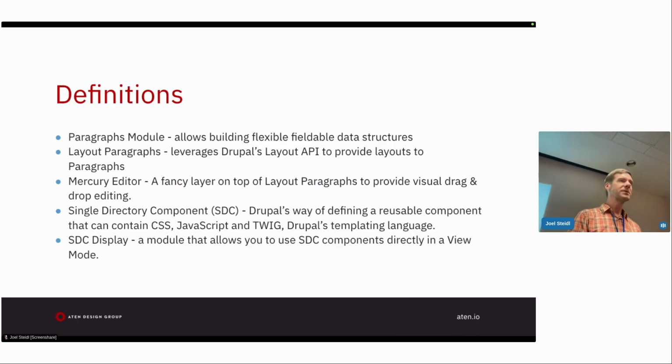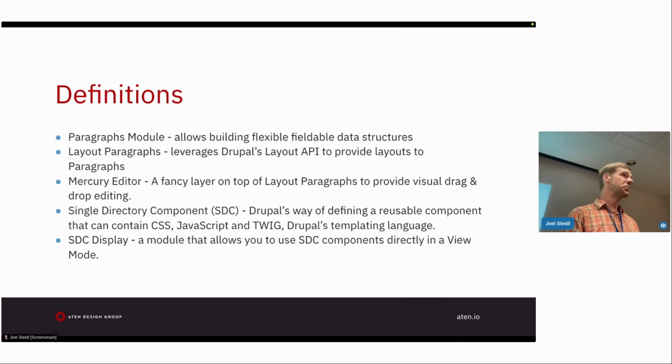Layout Paragraphs was kind of like our first take on this. It leverages Drupal's layout API to provide layouts to paragraphs. So that was the baseline that allowed us to start doing that. And then Mercury Editor was our next step, building a more visual experience around that.